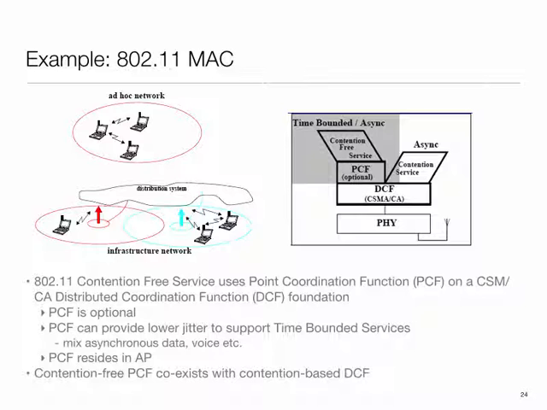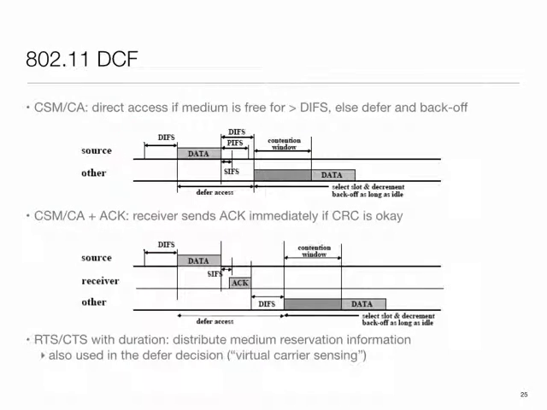What happens in the primary mode, which is on the right hand side, is the following: whenever a node has to transmit, it looks at the channel and sees if anyone is transmitting. It does so for a little bit of time, which is called DIFS. If it sees no one is transmitting, then it goes ahead and transmits the data.